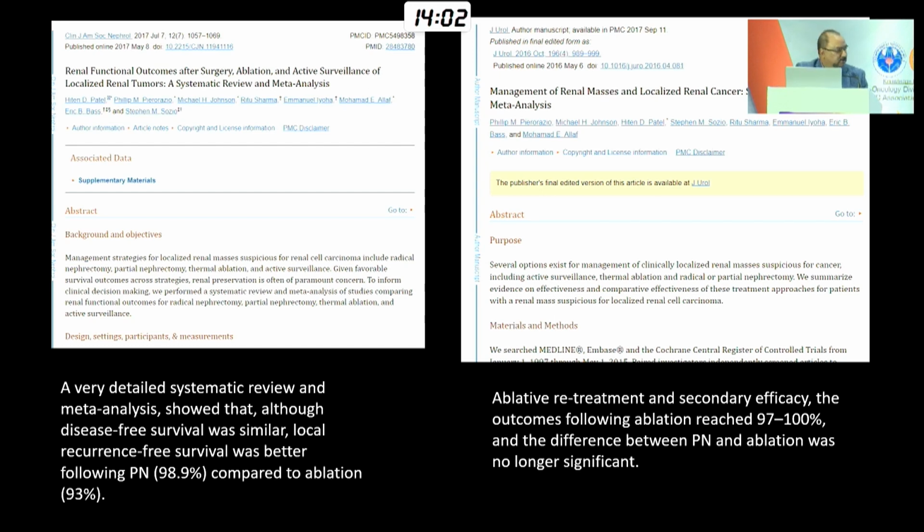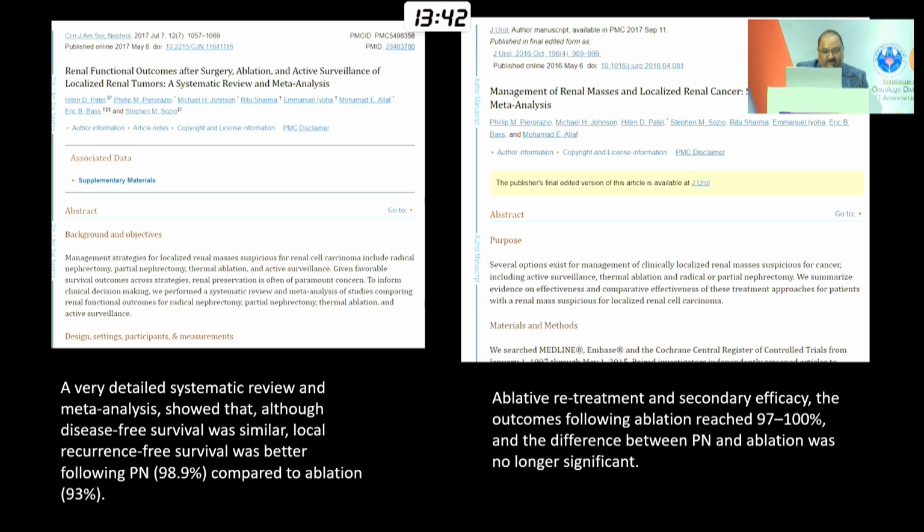These two meta-analyses are very supportive, one published in the Clinical Journal of the American Society of Nephrology and one in the Journal of Urology. This meta-analysis involved 58 different series, so it is large, robust data.